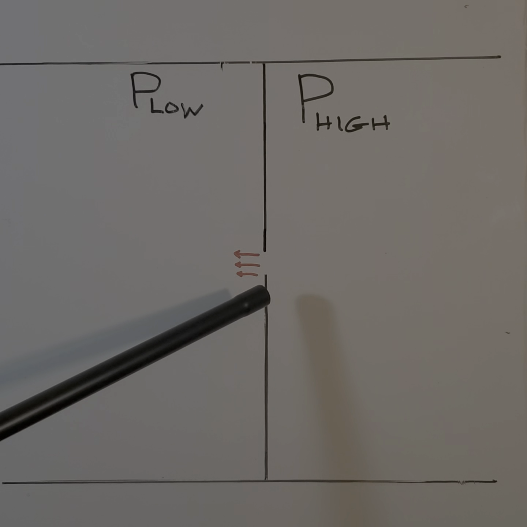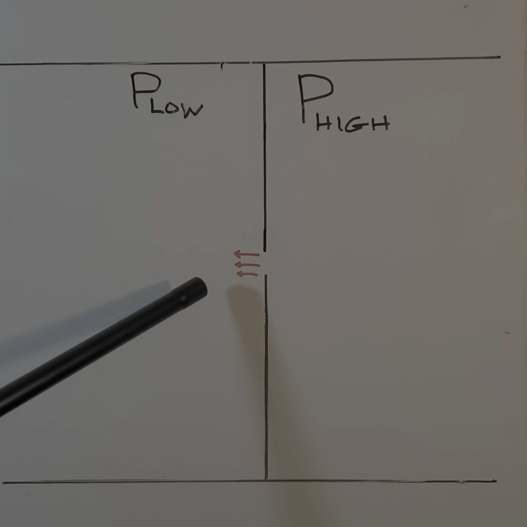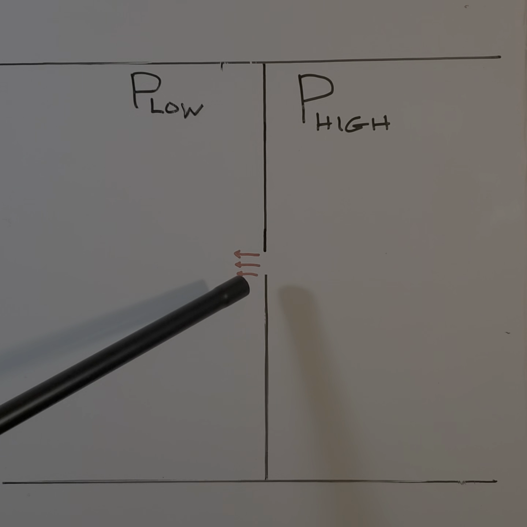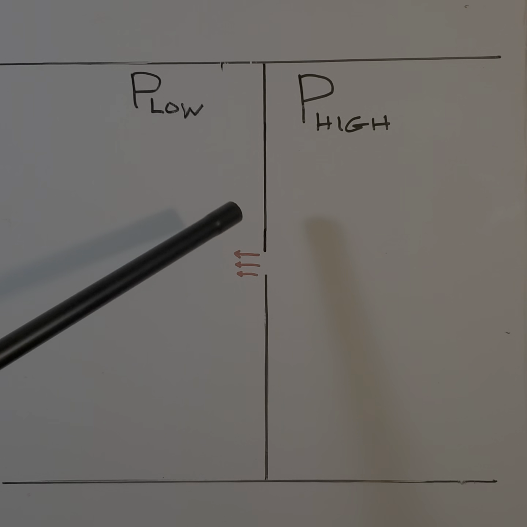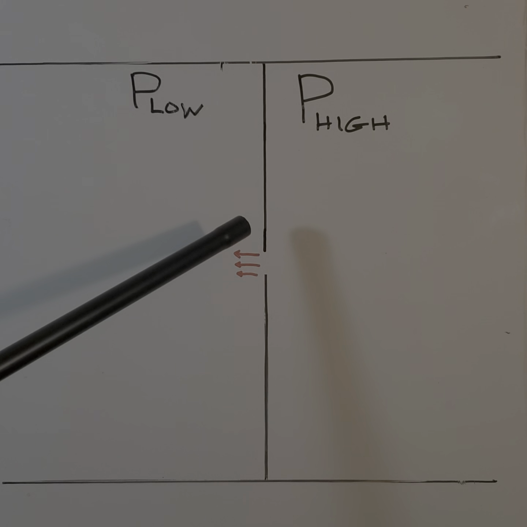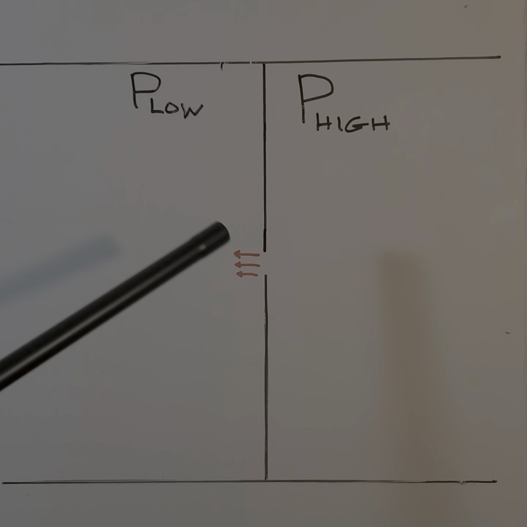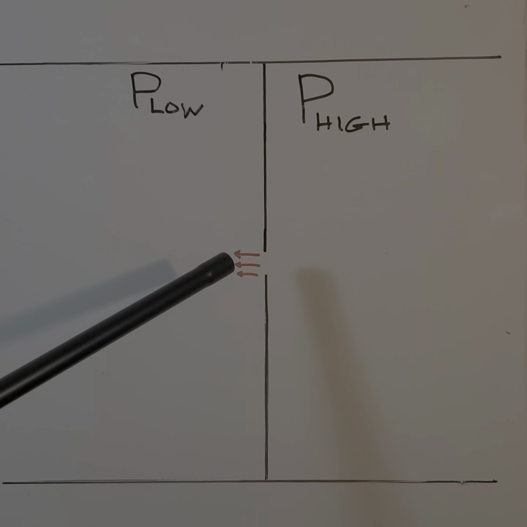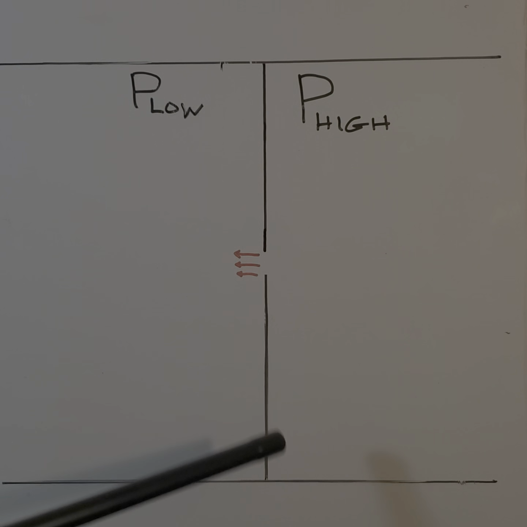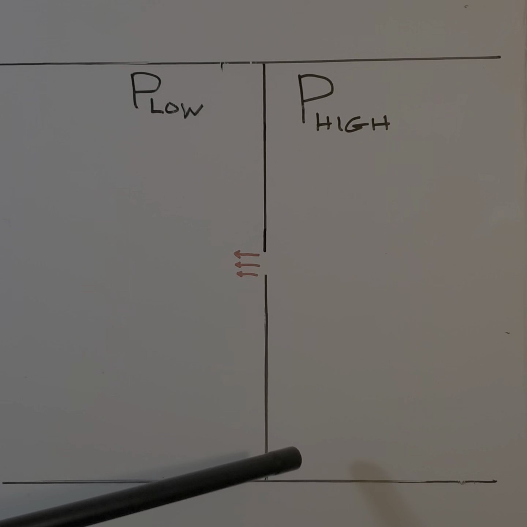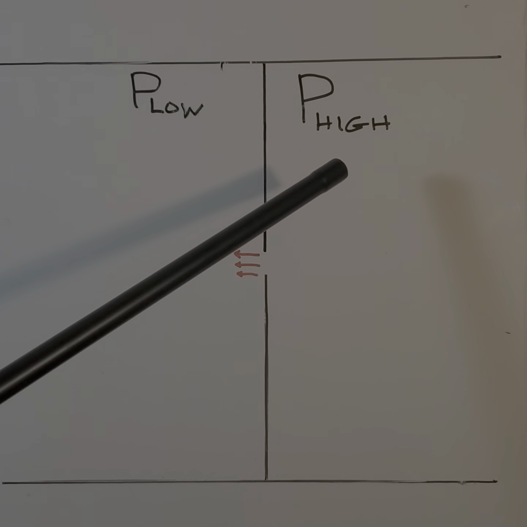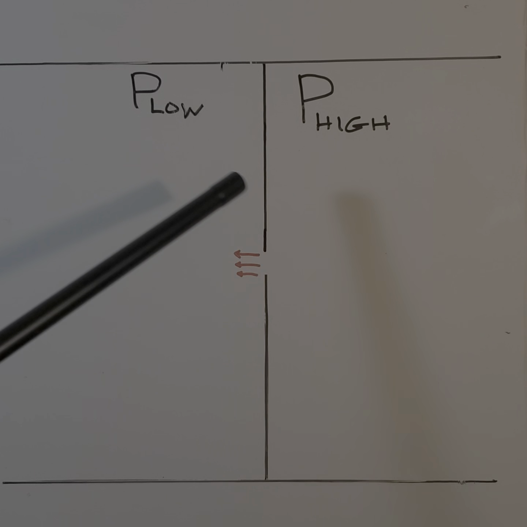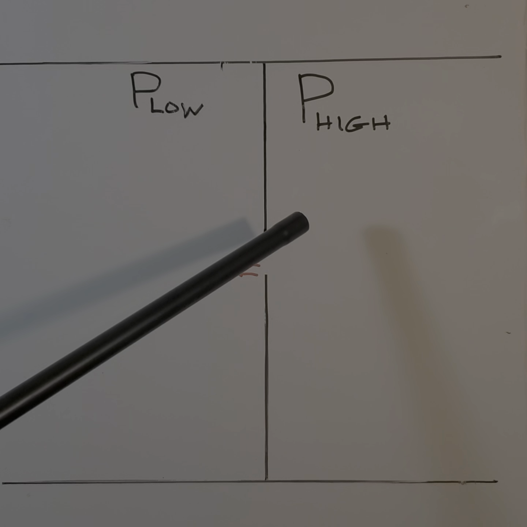So even though we vary the size of the aperture between very small and a little bit larger, our apertures of consideration are small relative to the area of the boundary that is enclosing the pressure. That ensures that the pressure can remain constant on each side of the boundary.